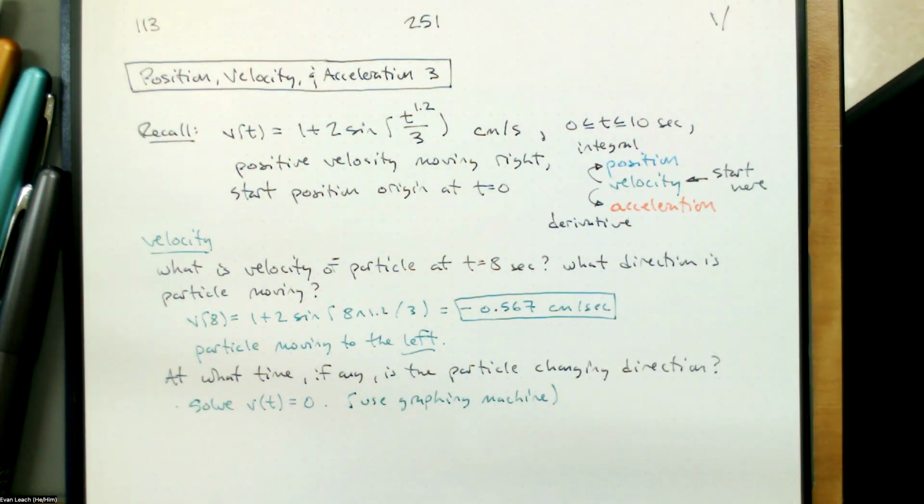Although it wouldn't be too bad to solve this equation because there's only one instance of t, we could do inverse operations in reverse order.